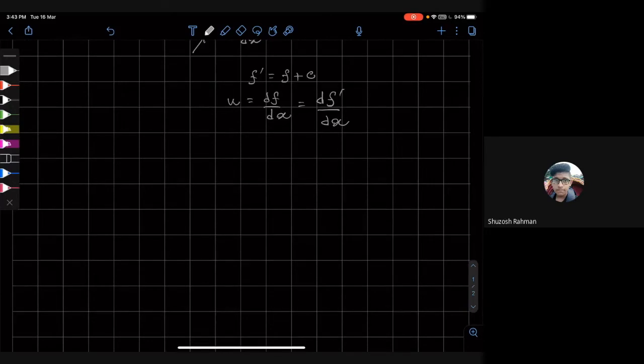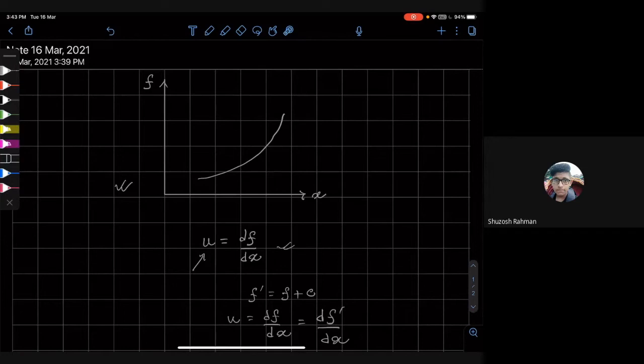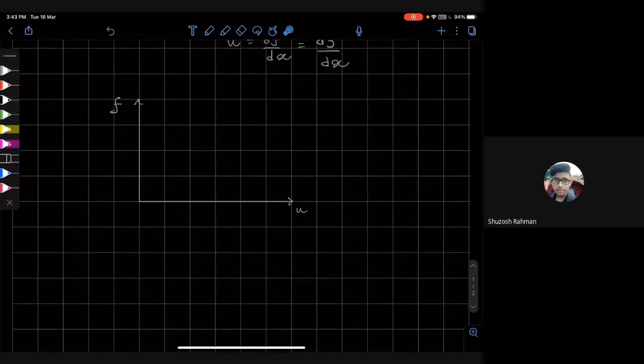Let's just take a value of u, and this is f. If I look at this function, the slope here is very small, and the slope here is very large. So heuristically, it's going to be given by something like this, right? This is the example I gave.